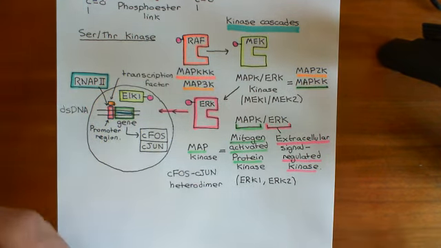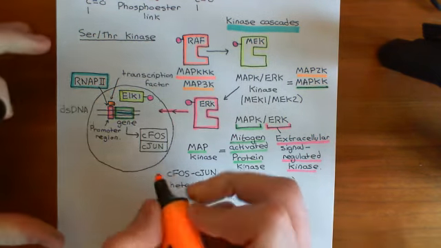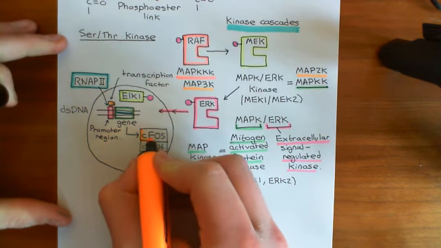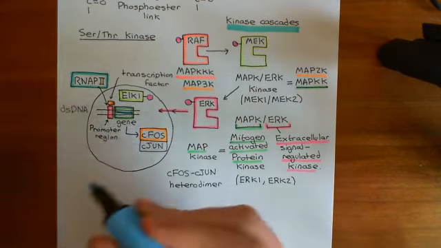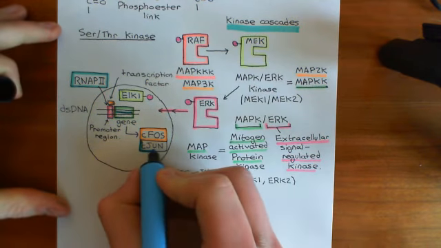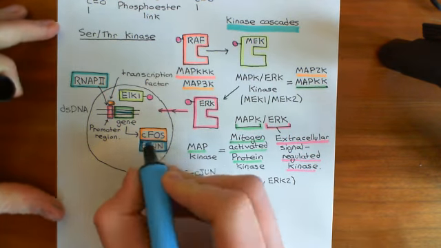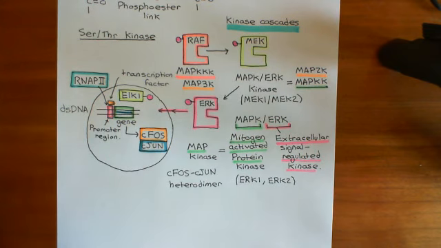So let's colour these in. We've got CPhos in orange, and CJUN in blue, I think. Now, CPhos-CJUN heterodimers are transcription factors themselves, and they are pro-cell cycle transcription factors.